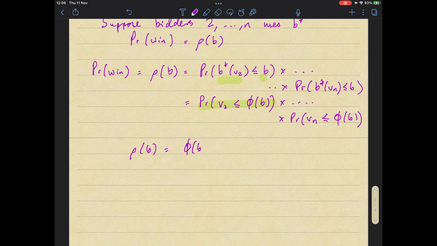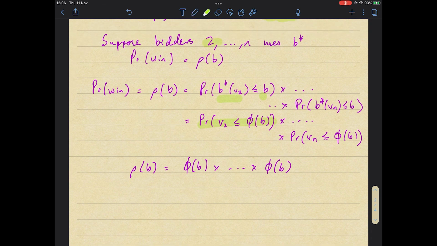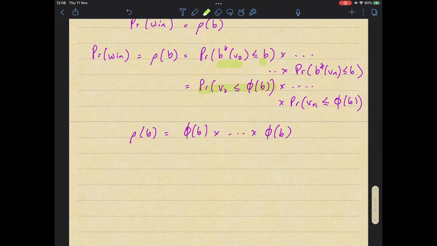So this is phi of B times itself. How many are there? Players 2 all the way up to n, so there are n minus 1 of these. So rho of B, apologies, I said phi, is equal to phi of B to the power n minus 1.